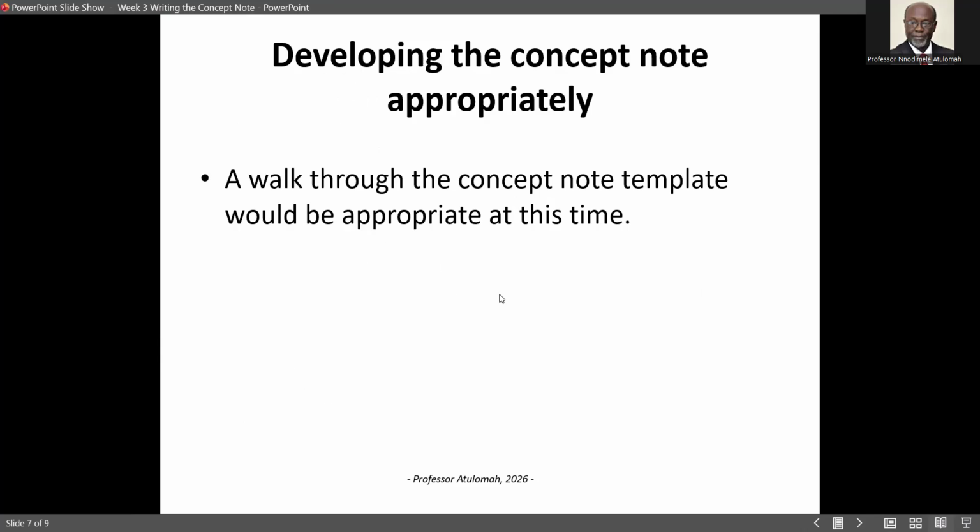Okay, so let's quickly look at the concept notes. Let's look at the concept note, how it helps us to develop our proposal. So I would stop sharing this.